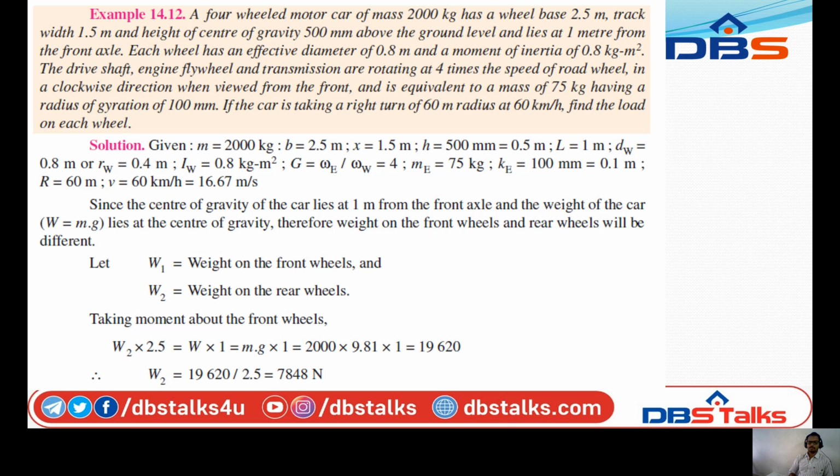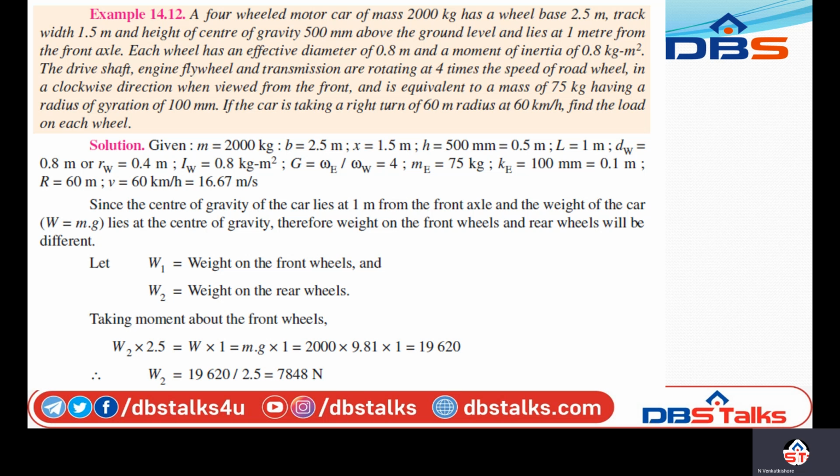The drive shaft, engine flywheel and transmission are rotating at 4 times the speed of the road wheels in a clockwise direction when viewed from the front, and are equivalent to a mass of 75 kg having a radius of gyration of 100 mm.